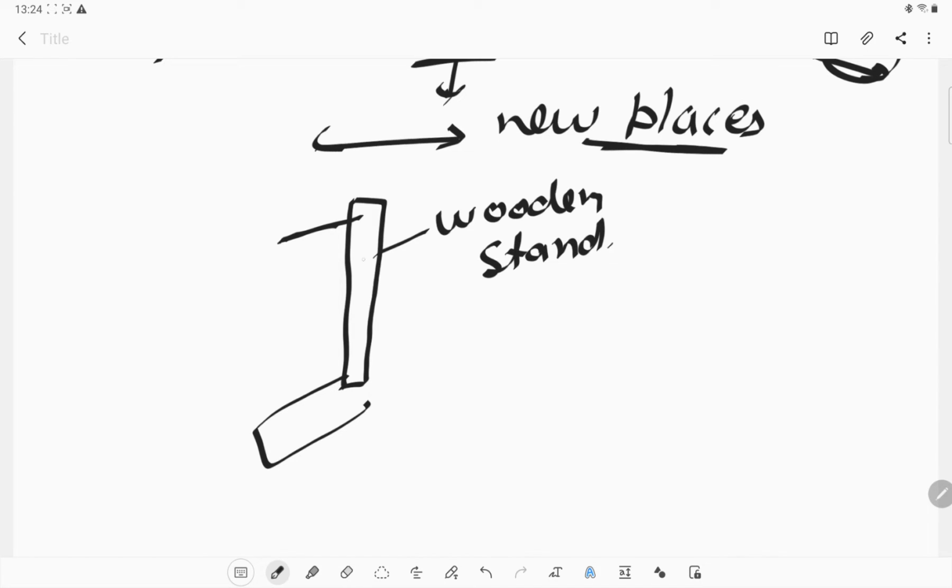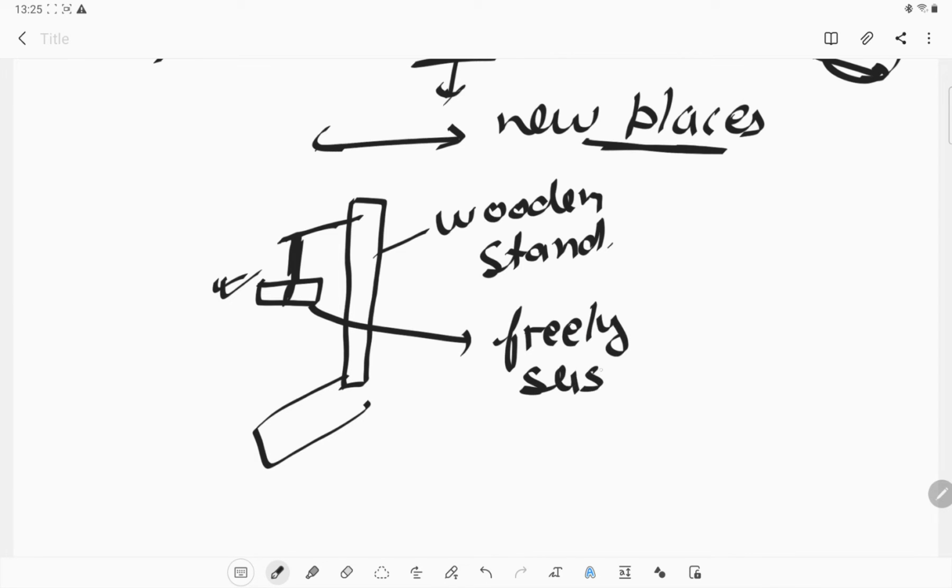Now there is a thread. We tie a thread in the middle of the bar magnet. So this is the bar magnet, and this is the thread which we have tied. Now we suspend it freely. The magnet is freely suspended, that means there is no pressure on it and nothing is attached to it. Now rotate this bar magnet.